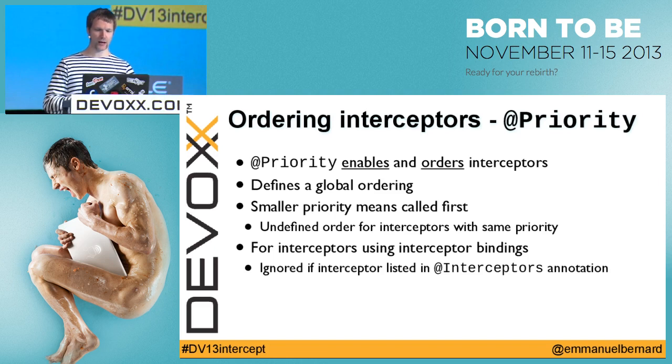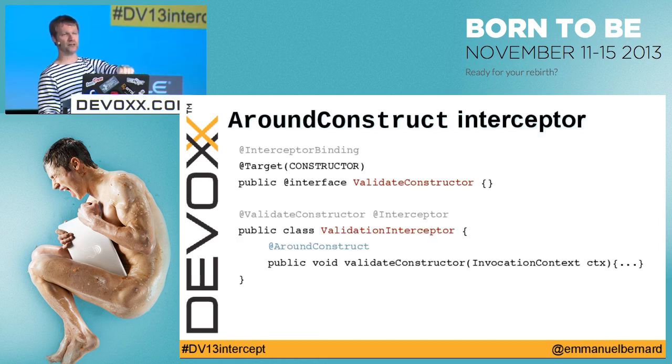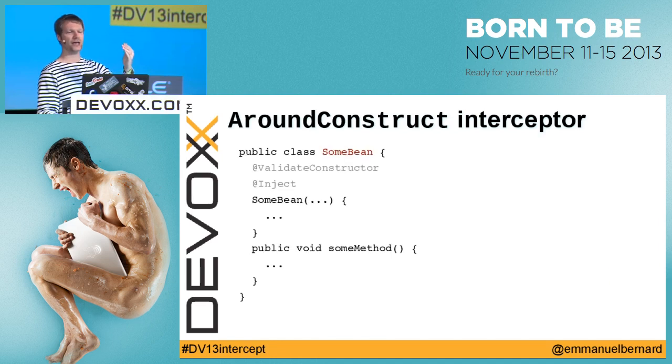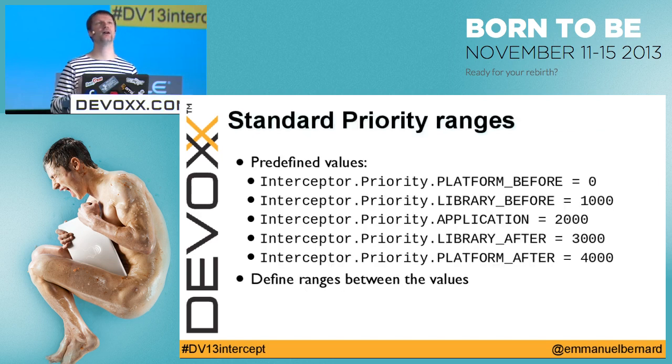Okay? And it only works if you use an actual interceptor binding annotation, like this one. Validate constructor is an interceptor binding annotation, and that's when we let you define the ordering via the @priority annotation. If you explicitly order the interceptors via the add interceptors annotation that I will go into detail a bit later, then we ignore that.